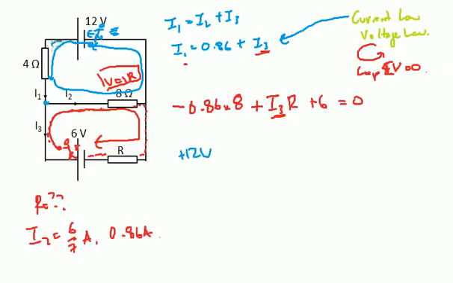He's walking, walking, walking. He goes through this resistor. Remember, V equals IR. I is, we don't know, I1. And R is 4. Because we're going the same direction as the current, it's a minus. So I1 times 4. Walking, walking.